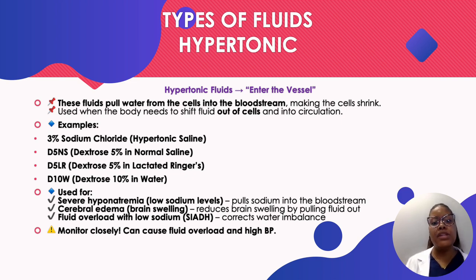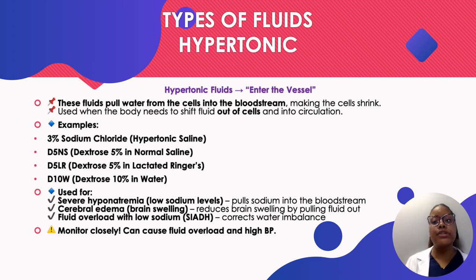Okay, so if a patient has low sodium levels, they can use a hypertonic solution. If your patient has cerebral edema, which is brain swelling, it reduces brain swelling by pulling fluid out of the brain cells, right? But you just want to make sure that you do that very carefully.